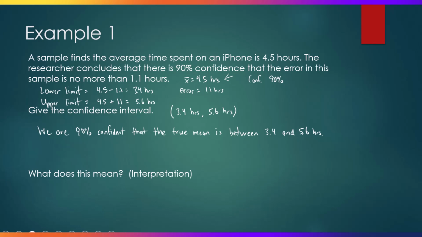So with statistics, we're looking to figure out how this applies to a situation. Here we have a context, the average time spent on an iPhone, a confidence level and an error range. So we can be 90% confident that the true mean for the population, that parameter, is somewhere between 3.4 hours and 5.6 hours.